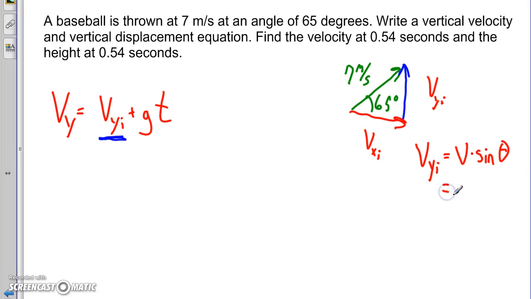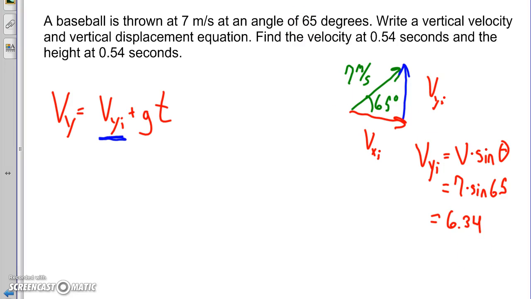This is my initial, right, because this represents my hypotenuse. So 7 times the sine of 65 degrees. And so I'll just punch that in my calculator. Again, make sure you're in the correct mode. It must be in degrees. 7 times sine of 65 gives me 6.34.